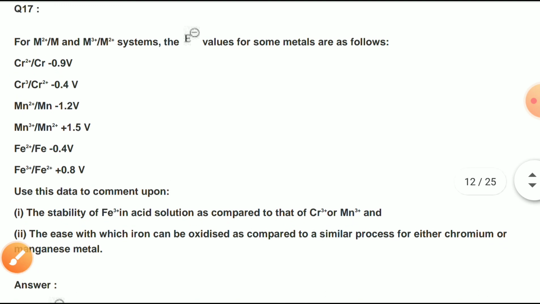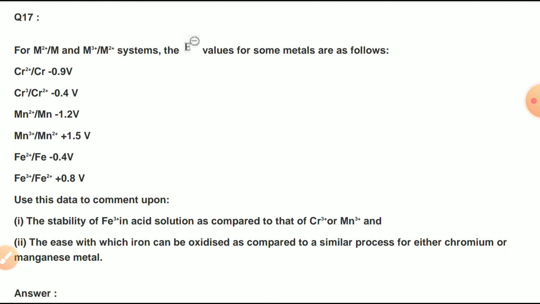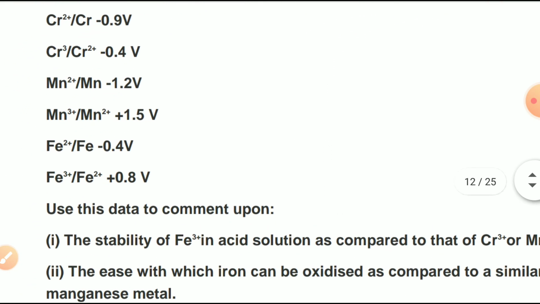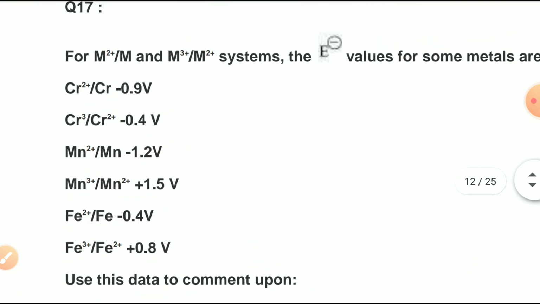Then question number 17. For the M2 positive oblique M and M3 positive oblique M2 positive system, the E0 values for some metals are as follows. Cr2 positive oblique Cr is minus 0.9.